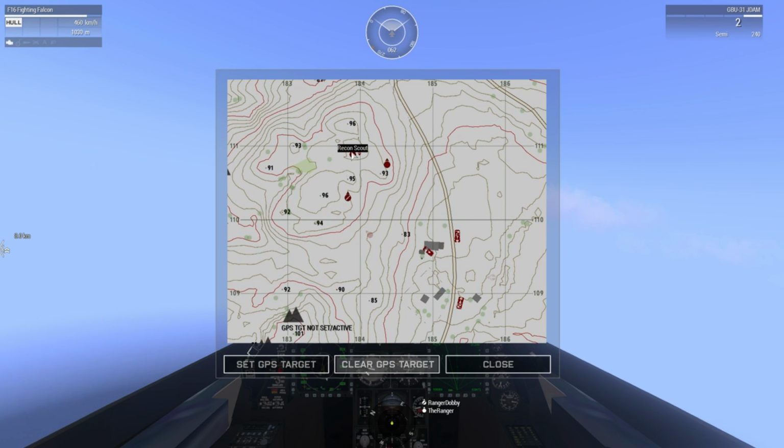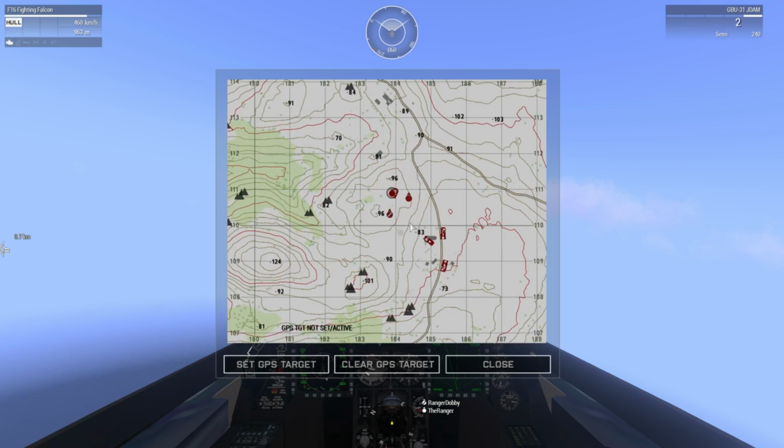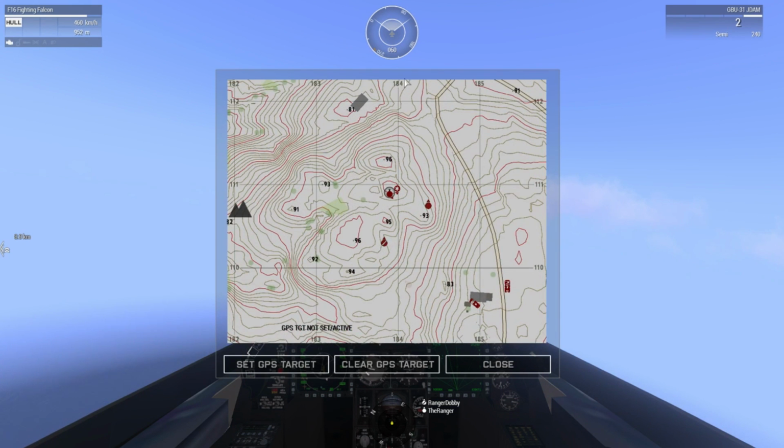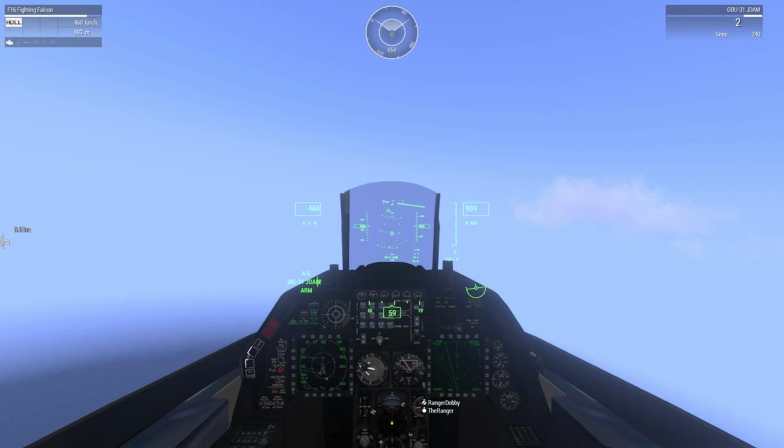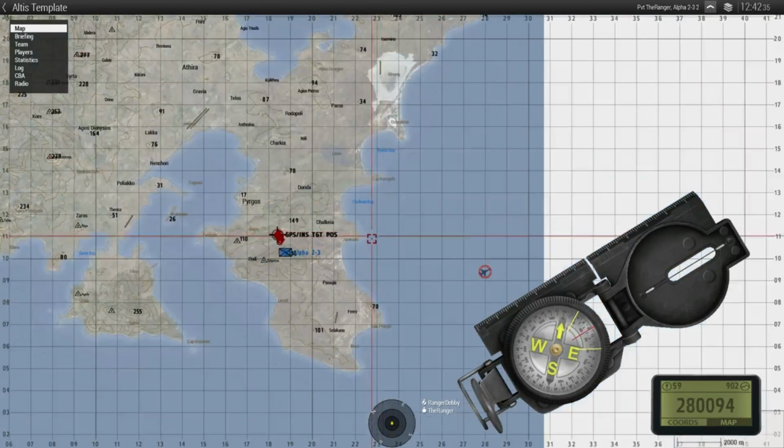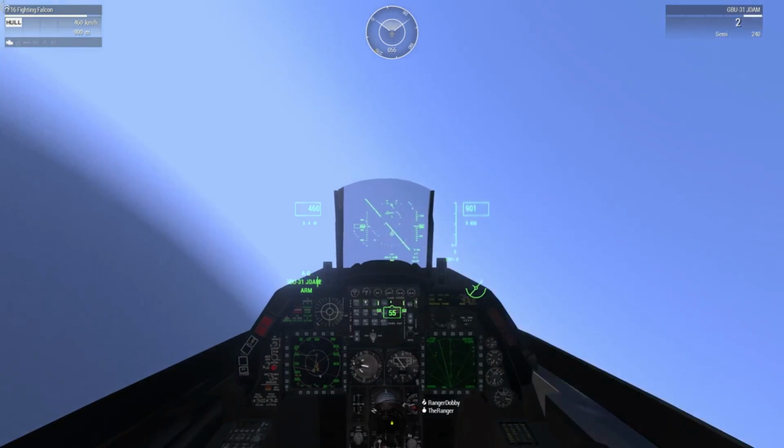So we're just going to make sure we did this correctly. Yeah, so it'll be around here. So it looks like he's targeting this little mountain where that cluster is. Note that you wouldn't know this if Blue Force Tracker was on, but the grid matches up. So we're going to set the GPS target directly on top of here, and now we're going to loop back around as we fly off the map.